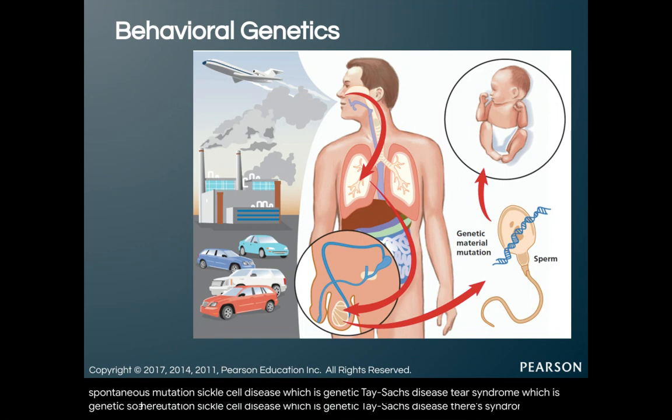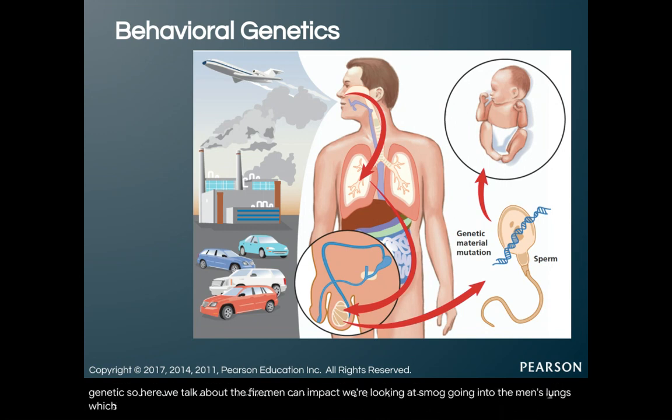Here we talk about how the environment can impact. We're looking at smog going into the man's lungs, which alters his sperm. That sperm will provide chromosomes to the baby, which can create a defect.